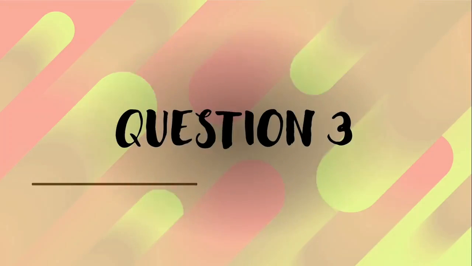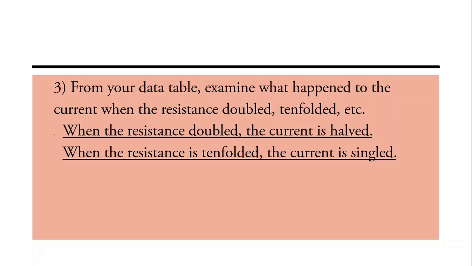Next, question 3. From your data table, examine what happened to the current when the resistance doubled, then tenfolded.